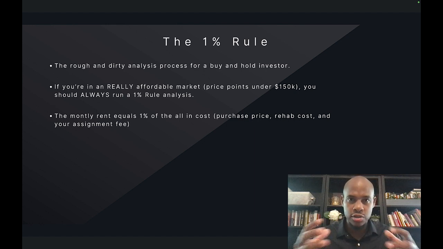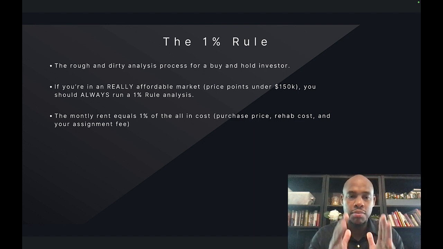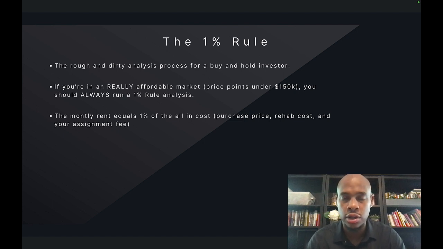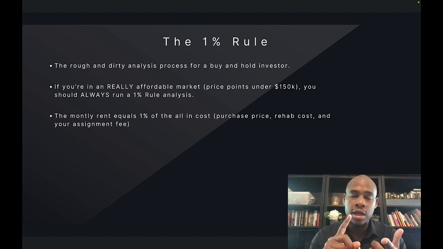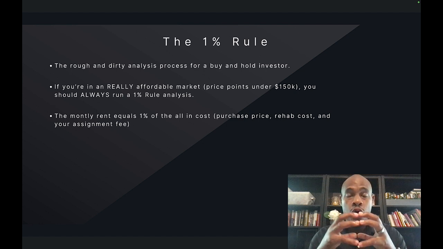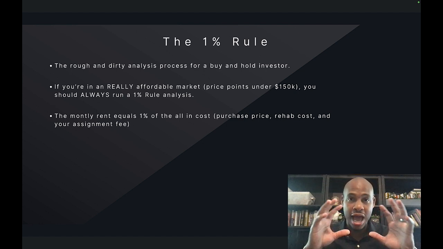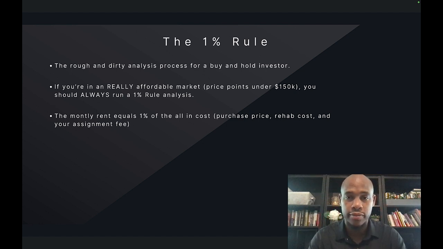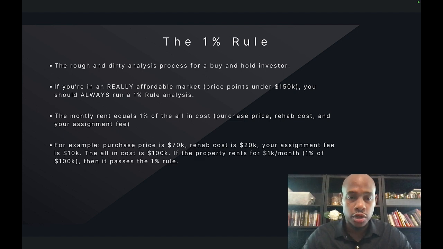All right, so this is what it actually is. It's when the monthly rent equals 1% of the all-in cost for that flipper or that investor or buy and hold person. The purchase price, rehab costs, and your assignment fee equals or is less than 1% of the actual all-in costs. That's literally what it is. So here's an example. Let's say the purchase price is $70,000.